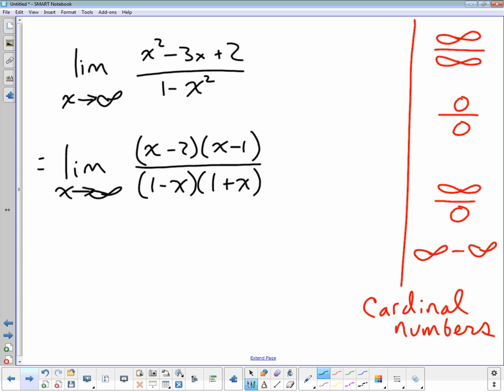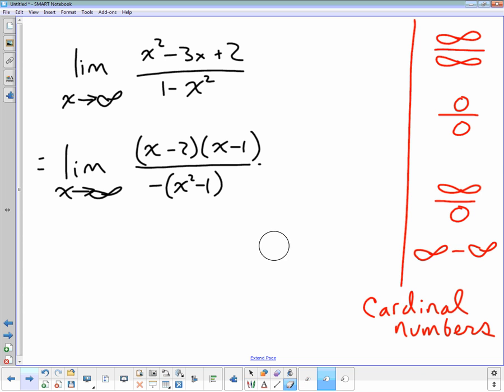So one thing, and this is just a nice little thing that you should know how to do. If you have a minus b, and what you really want is b minus a, factor out a negative 1. Now here I can split this guy up nicely and cancel.